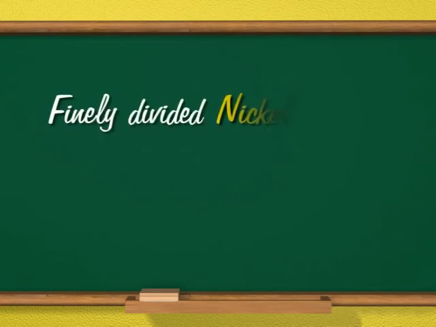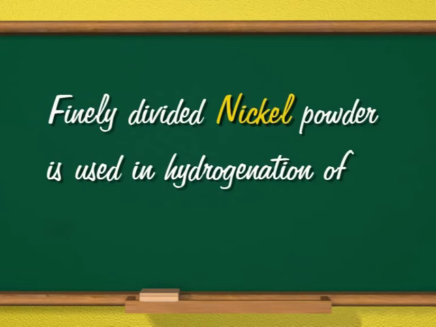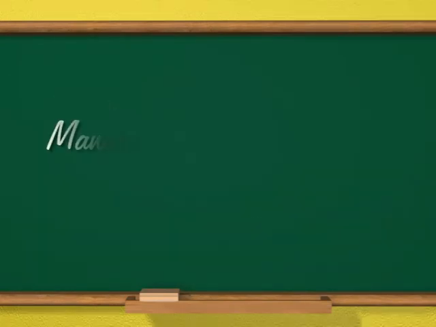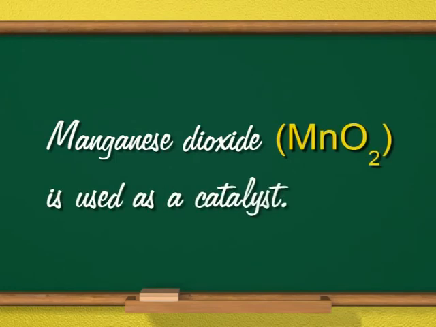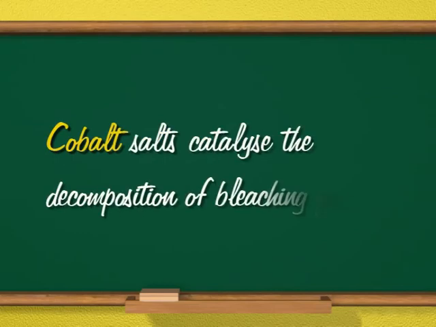Finely divided nickel powder is used in hydrogenation of unsaturated organic compounds, for example, in the manufacture of vanaspati ghee. Manganese dioxide or MnO2 is used as a catalyst in the decomposition of hydrogen peroxide. Cobalt salts catalyze the decomposition of bleaching powder.